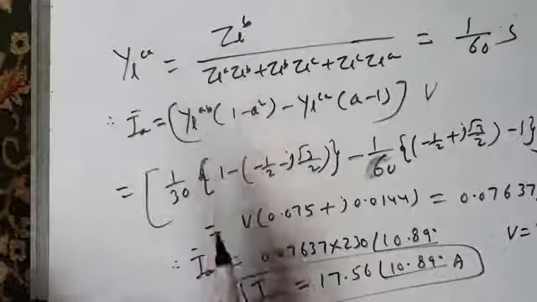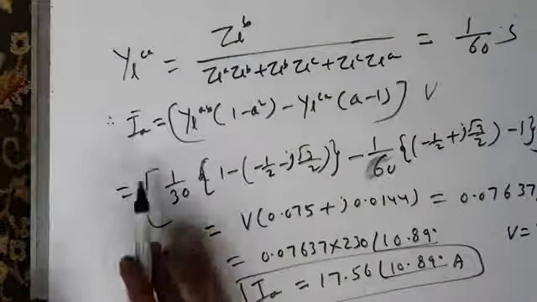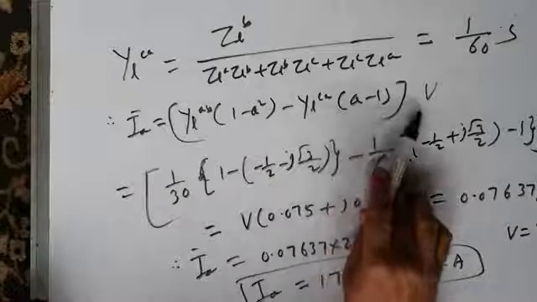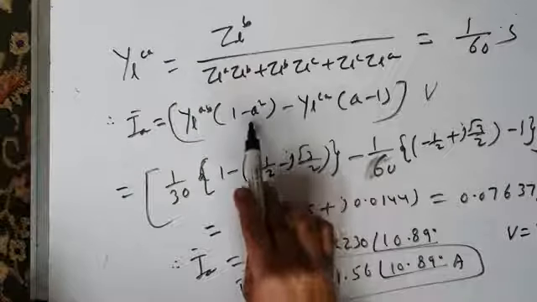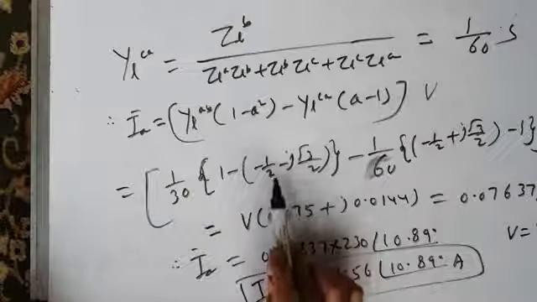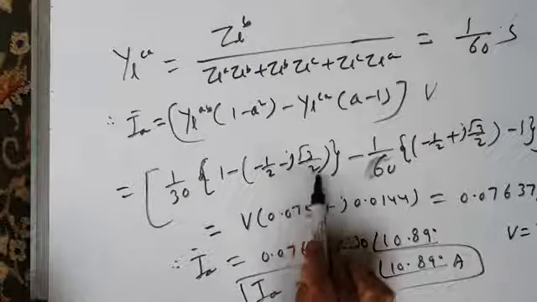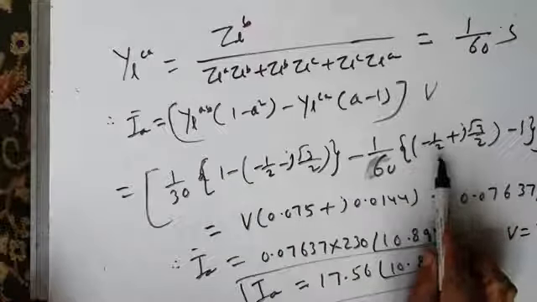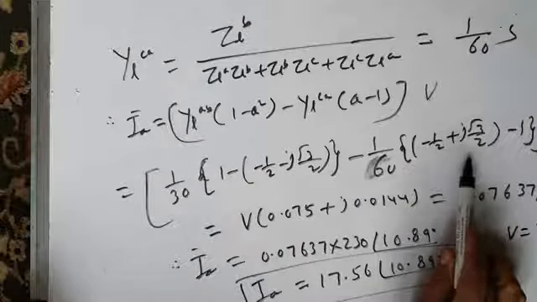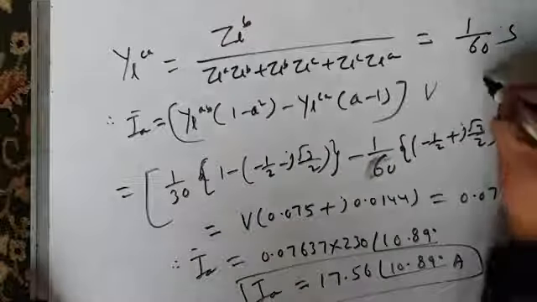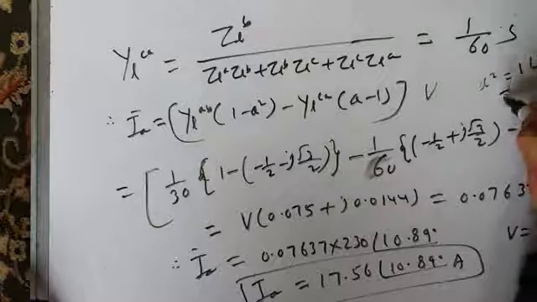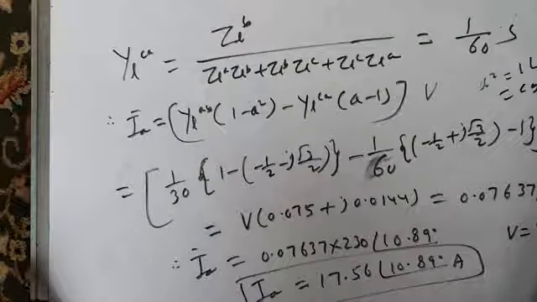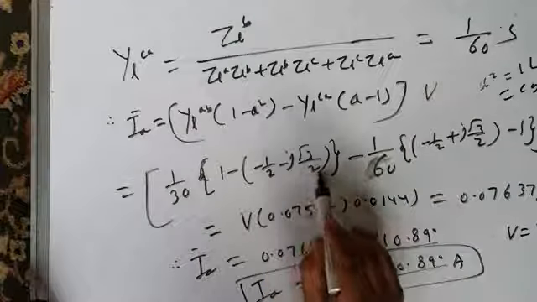We use this equation, IA equal to this, which we derived a little while ago, and in it we needed YLAB and YLCA. The A square operator is -1/2 minus j√3/2, and the A operator is -1/2 plus j√3/2, because A square is 1 at an angle of -120 degrees, that is cos -120 degrees plus j sin -120, which comes out to be -1/2 minus j√3/2.